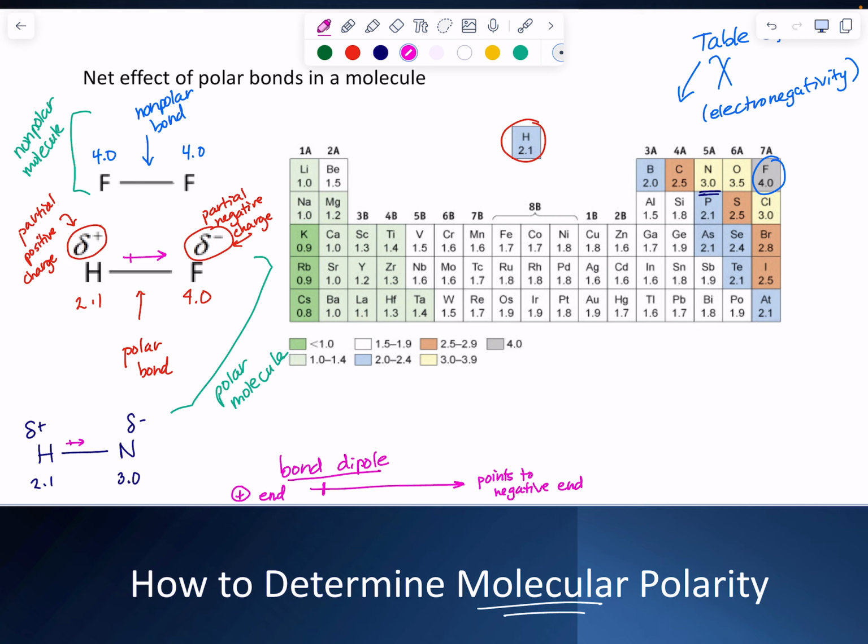There's going to be less of a separation of charge, which means that if I'm keeping track of the time my bonding electrons spend around the hydrogen, in this bond down here, the hydrogen is going to see more of the electron's time than in this bond up here. So what it means is there's going to be a much smaller difference between the magnitude of these charges than there is between those.